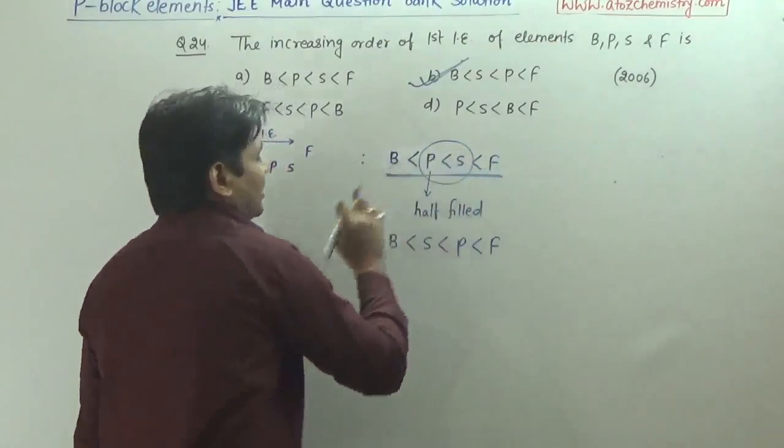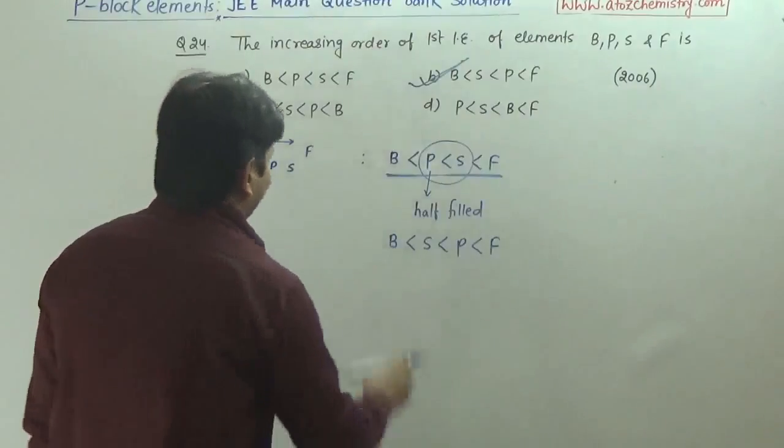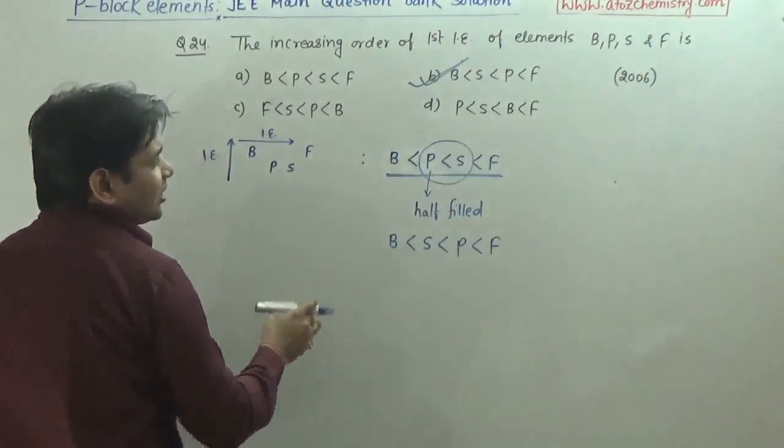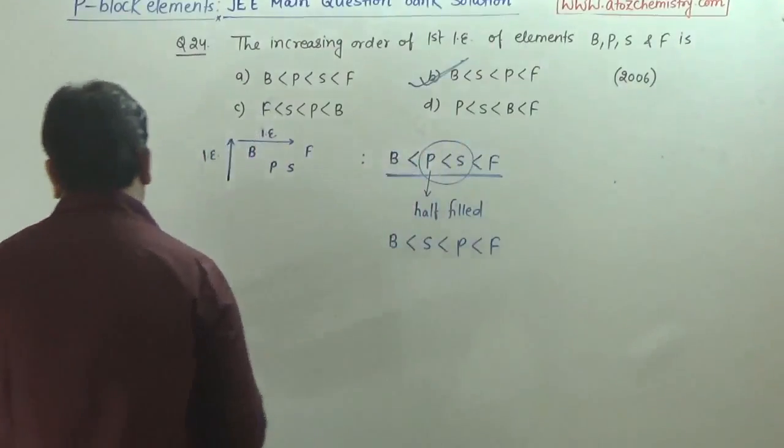Phosphorus and sulfur are at adjacent positions. Phosphorus has a half-filled configuration, which is more stable, and hence its ionization energy will be higher.